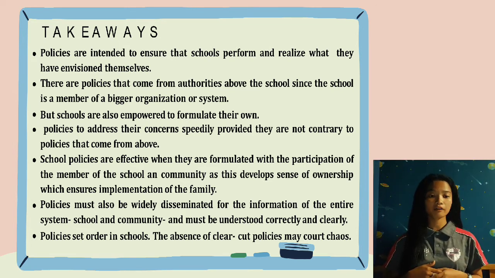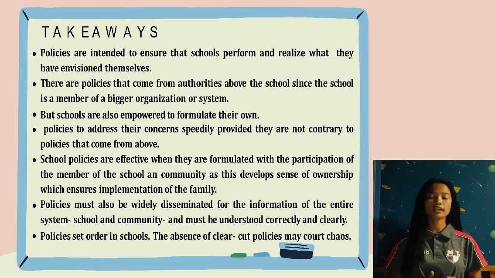School policies are effective when they are formulated with the participation of the members of the school and community, as this develops a sense of ownership which ensures implementation. Policies must also be widely disseminated for the information of the entire system, school and community, and must be understood correctly and clearly. Policies set order in school. The absence of clear-cut policies may court chaos.